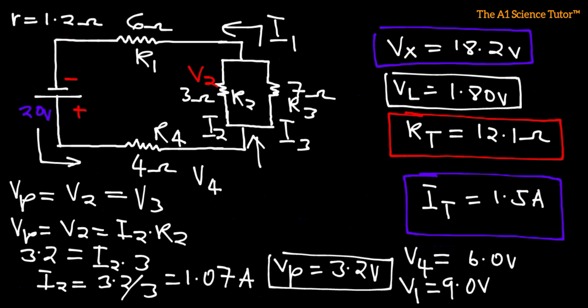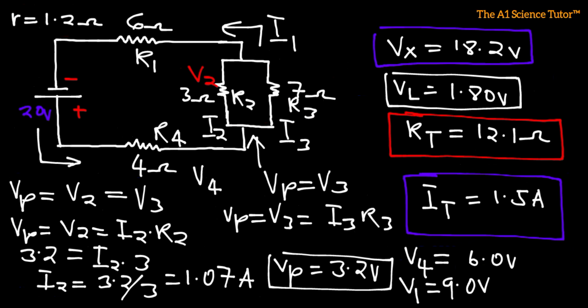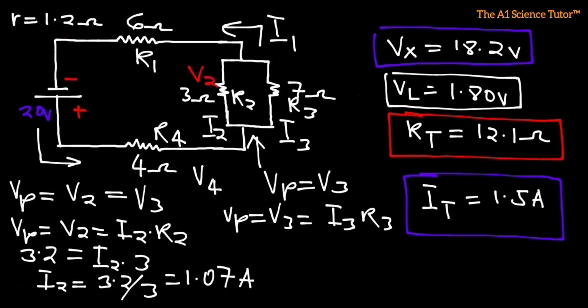Now what is going to be I3? We know that VP is the same thing as V3. Now V3 should be I3 multiplied by R3, right? So I think I need to wipe this out. We know that VP is 3.2, and I3 is what we are looking for.